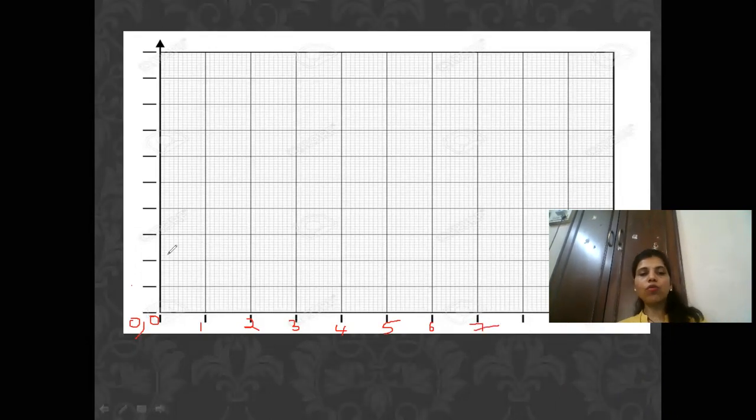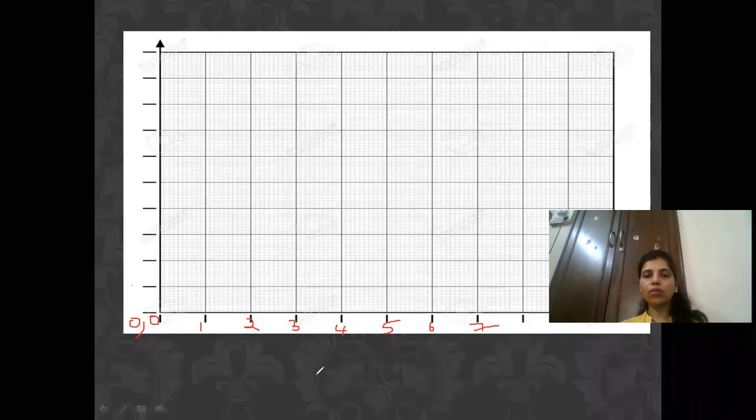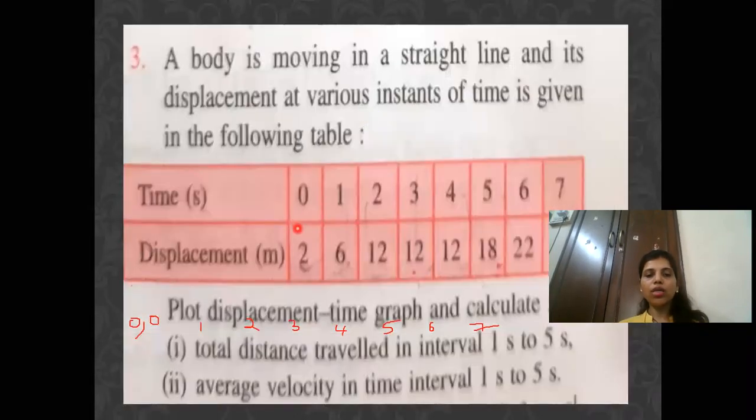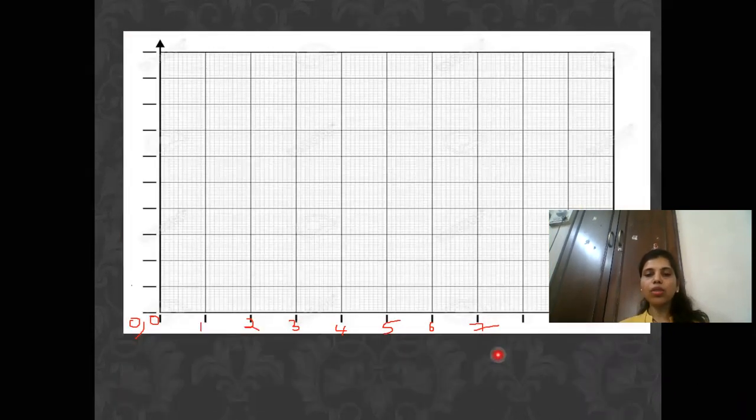Okay, and over here, as you can see, it's given displacement is starting from 2. Though your time is starting with 0, the displacement is going to start from 2, but you have to take equidistance, so we have taken 0, 0. And now, as you have to mark till 24, you take a gap of 4. So 4 meter, after that 8 meter, like that you're going to draw.